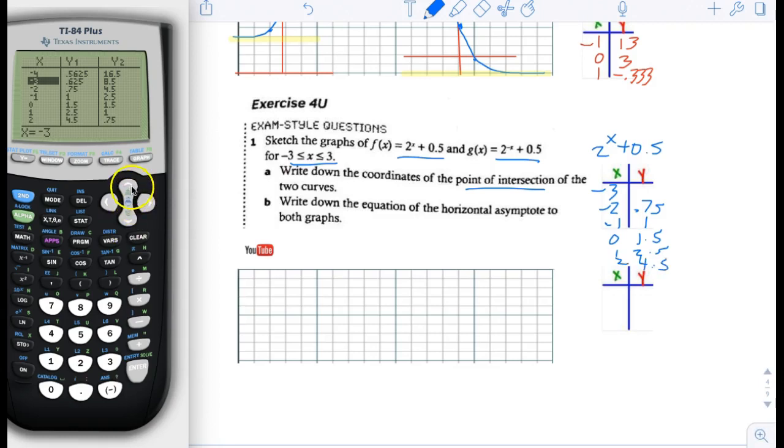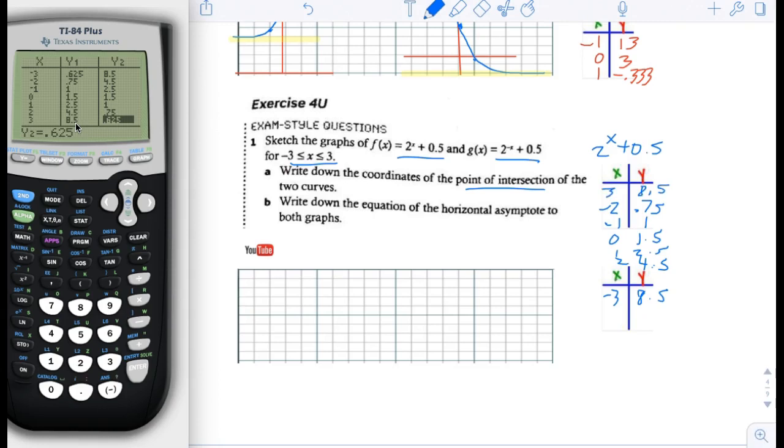Let's look at the other one. So the other one has -3, 8.5. By the way, for the first function, 3 is 8.5 too. So I'm going to put 3 and 8.5 up here at the top.